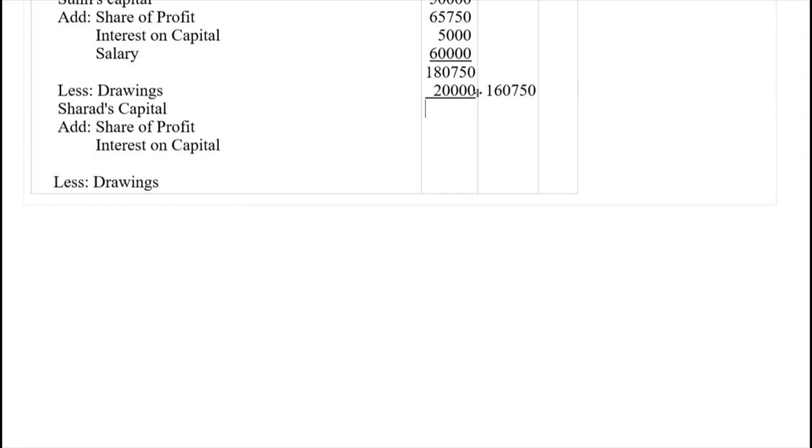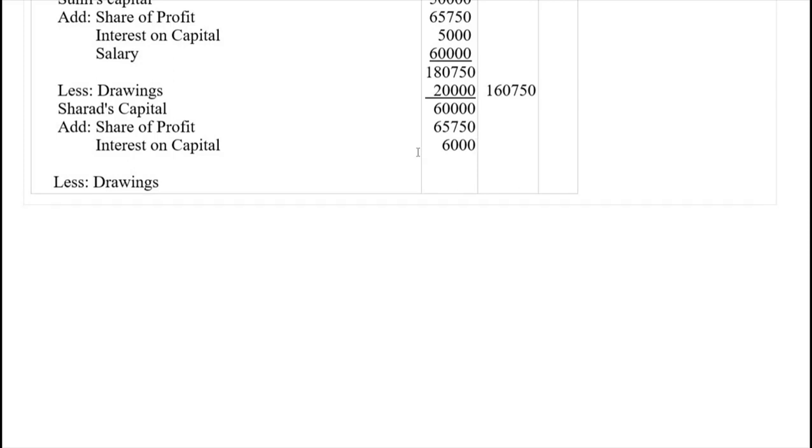So Sharad's capital is given as rupees 60,000 here. Then share of profit, we have calculated 65,750. Then interest on capital we have calculated as rupees 6,000.